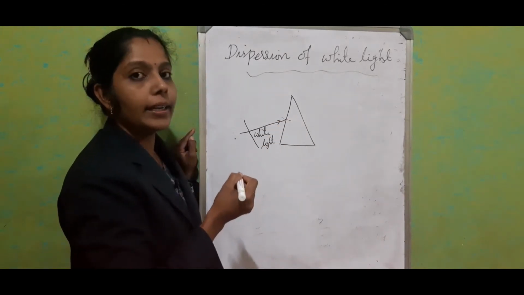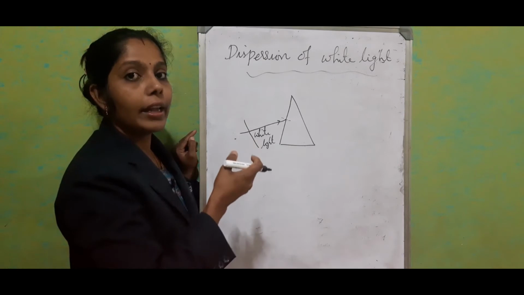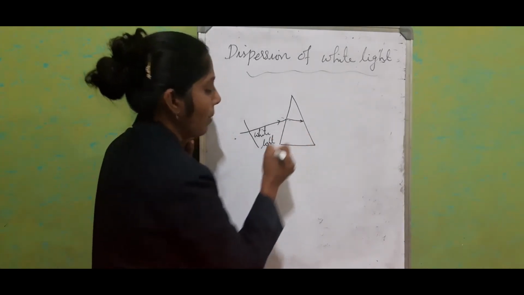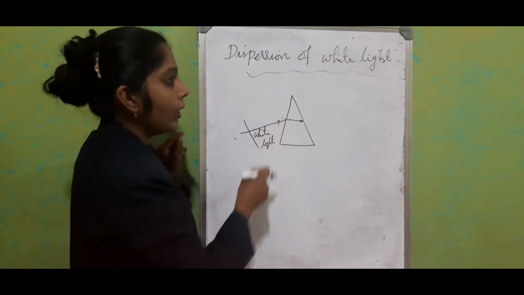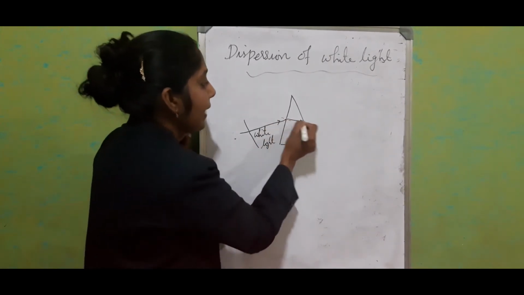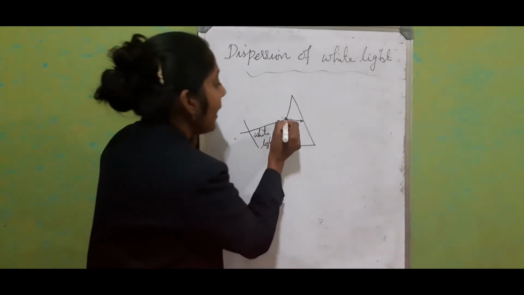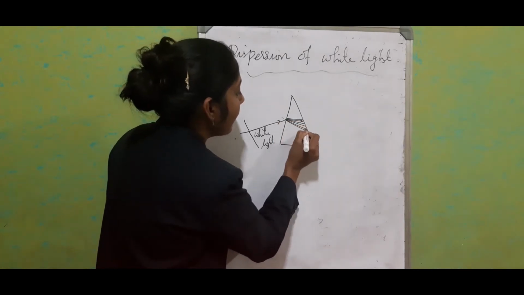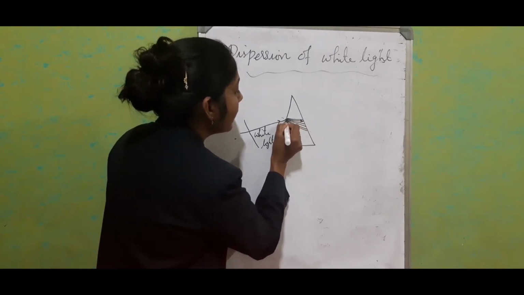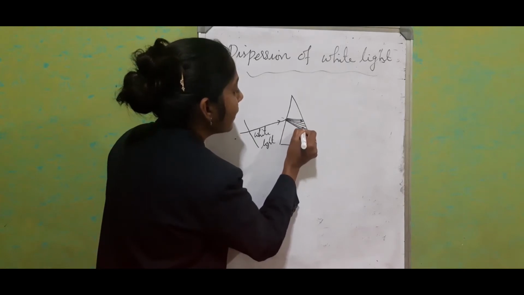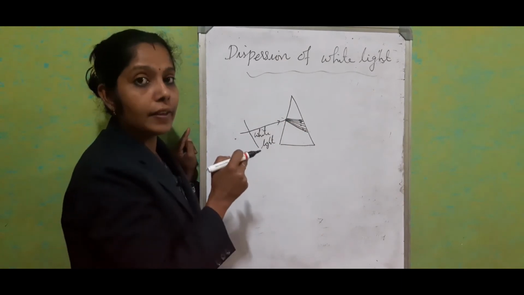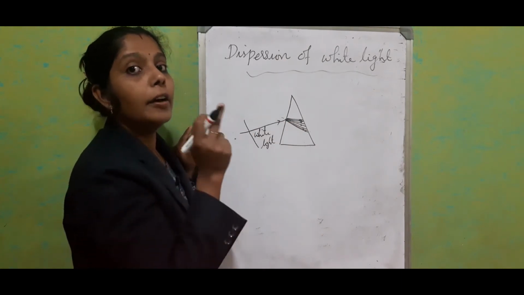What happens when light travels from air, a rarer medium, to a denser medium? It bends towards the normal. Here, instead of a single line, it is split into 7 different lines: 1, 2, 3, 4, 5, 6, 7. 7 different colors. The splitting happens at the first surface.